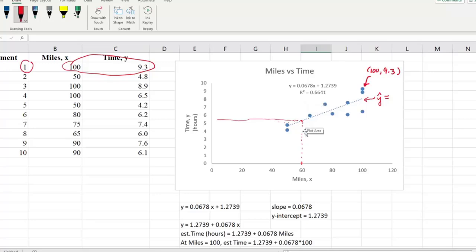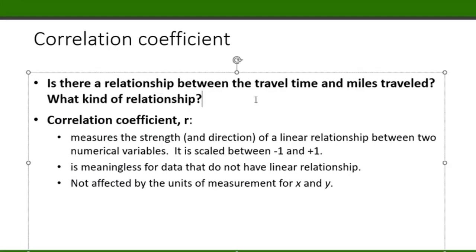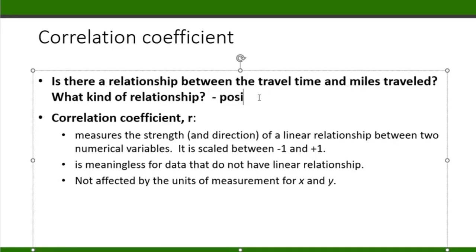In general, that's the pattern. So this is a positive relationship. Slope is positive.